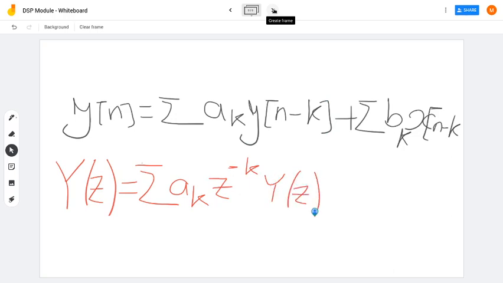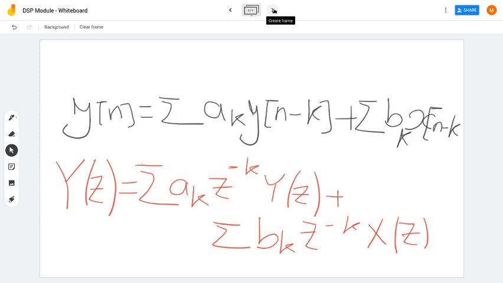Similarly, here we would have the summation b k, and here x of n minus k, we'll apply the time shift property. It will give us z to the minus k X of z.